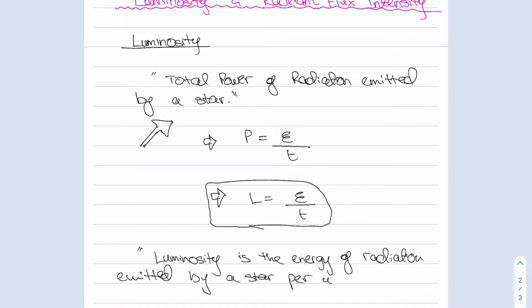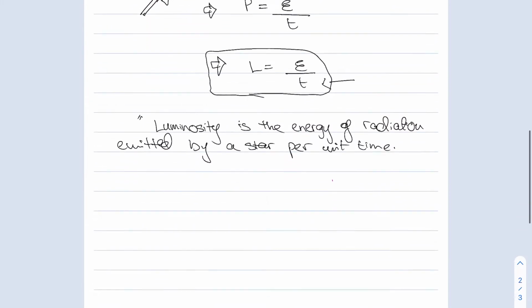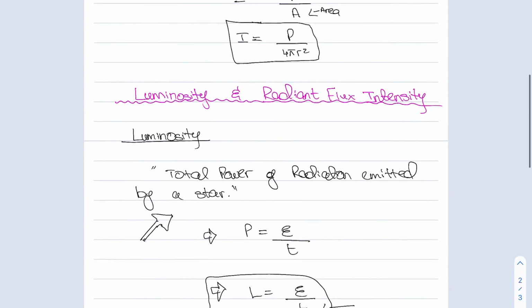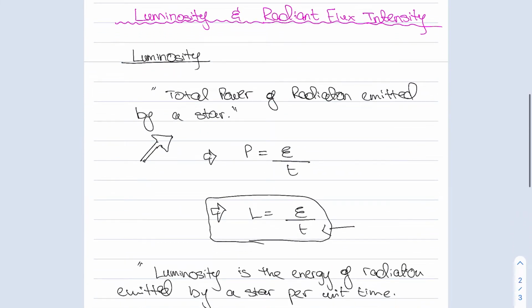Per unit time is very important, because as we see in the formula, upon time means per unit time, right? Now that's luminosity. And please note the symbol for luminosity is L.